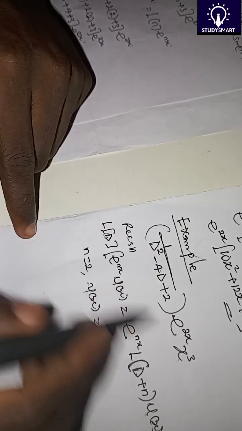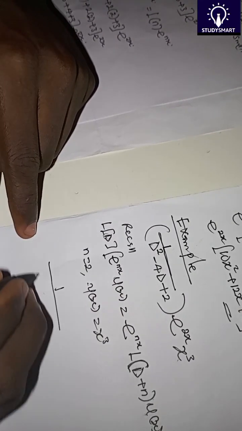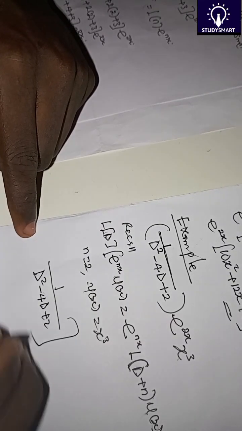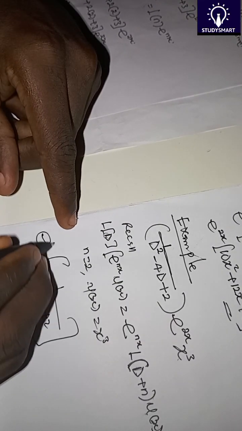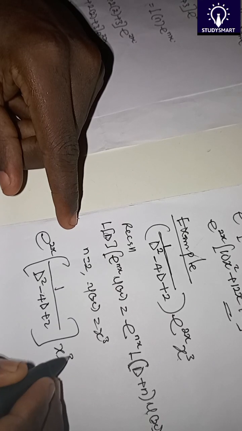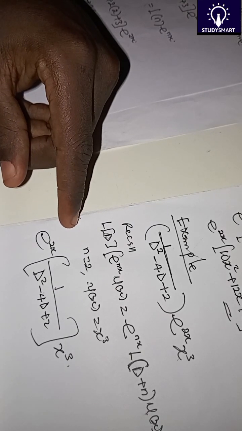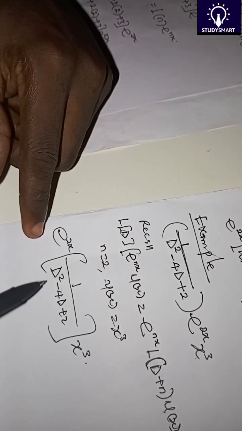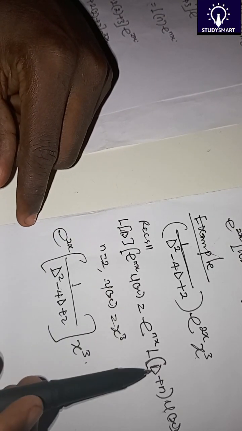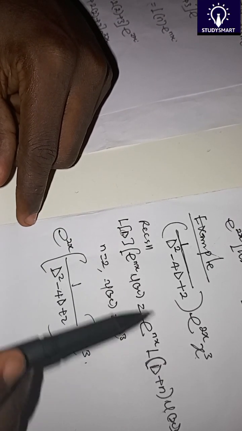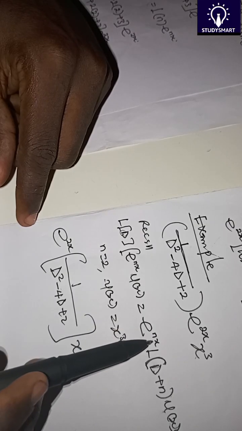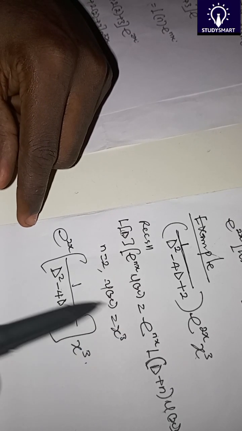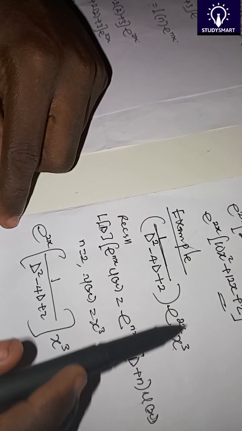Using this approach, we can use the same method we used here. So we can rewrite this expression by saying 1 over D squared minus 4D plus 2. Then I have my exponential 2x here and I have my x cube at this point. Looking at the rule, let's follow the rules now. When you have such an expression, the first thing you do is to add the coefficient of x in the power of the exponential. From this question, the coefficient of x here becomes 2.